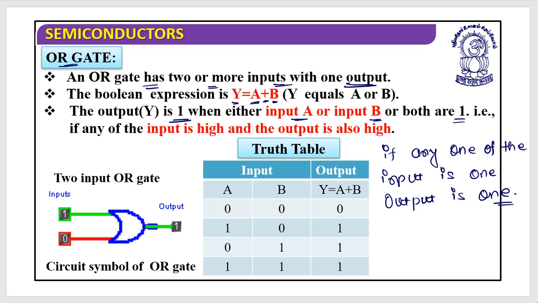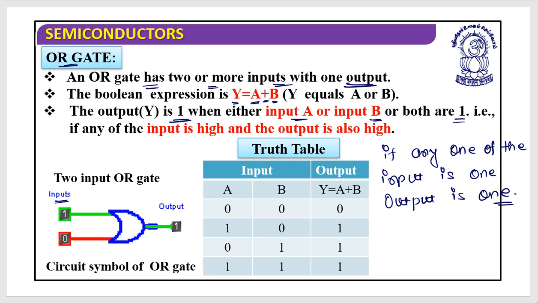It is the simplest logic of the OR gate: you have n number of inputs, but if only one of the inputs is 1, then the output will be 1. That's it. Don't bother about the rest of the n minus 1 inputs. Yes, if none of them is 1, then the output would be 0. It is as simple as that.